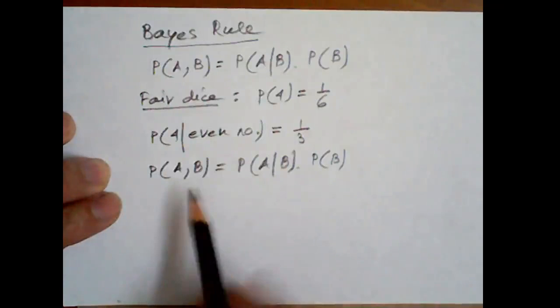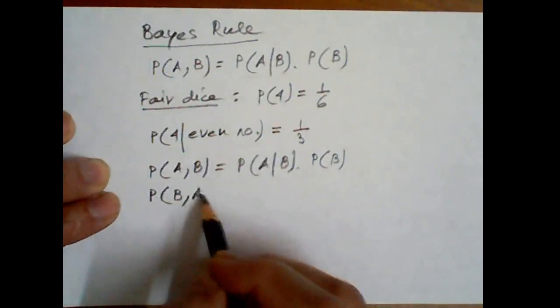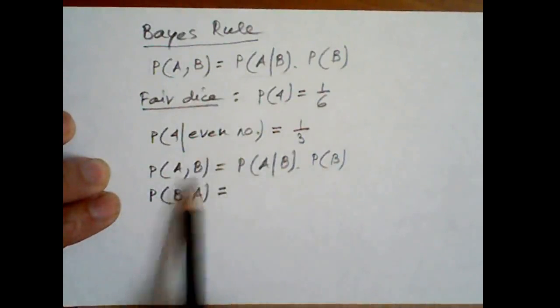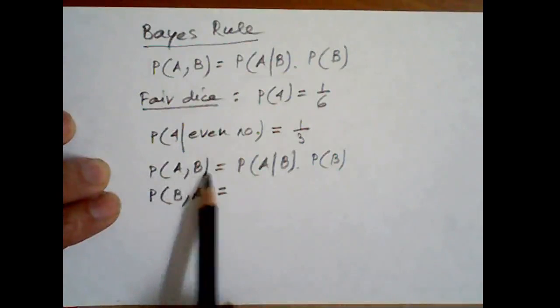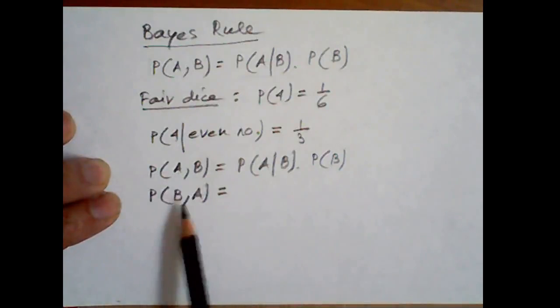Now this joint probability can also be written as probability of B comma A, because it doesn't matter what is the sequence of these letters. As long as they are joint probabilities, I can write either A comma B or B comma A. That's one and the same.